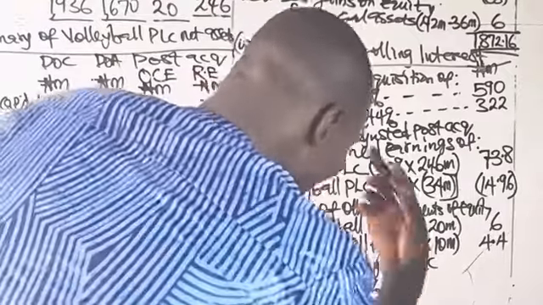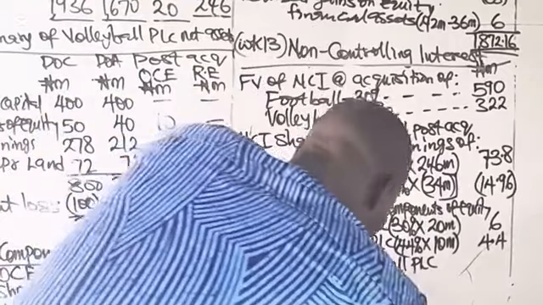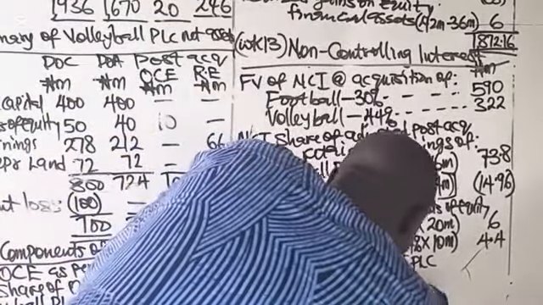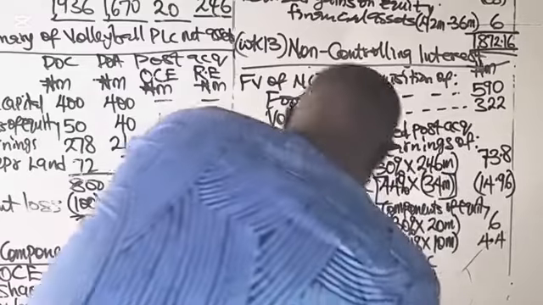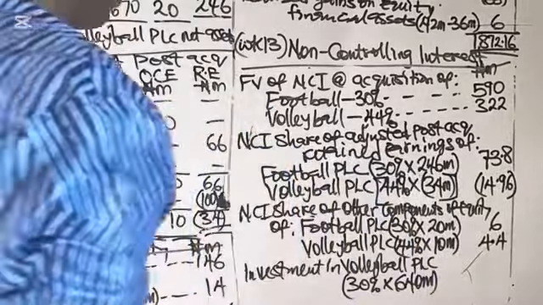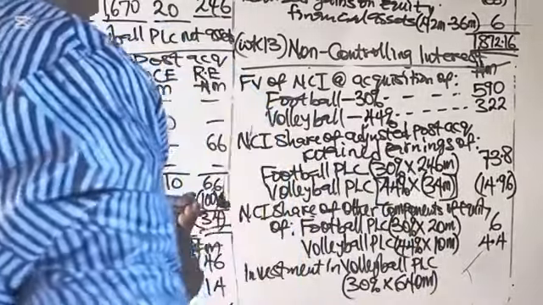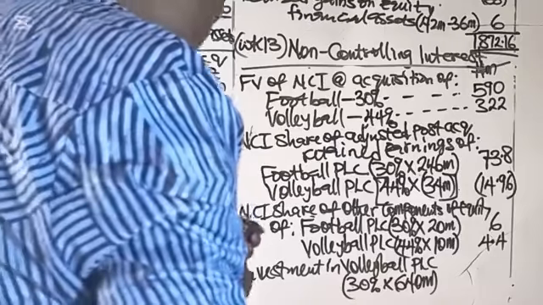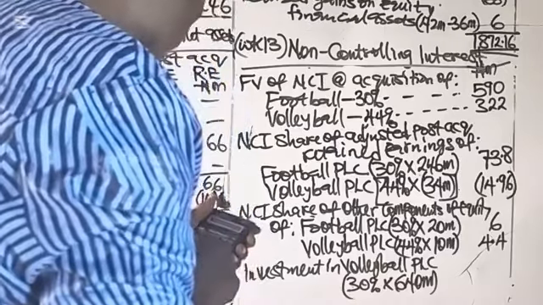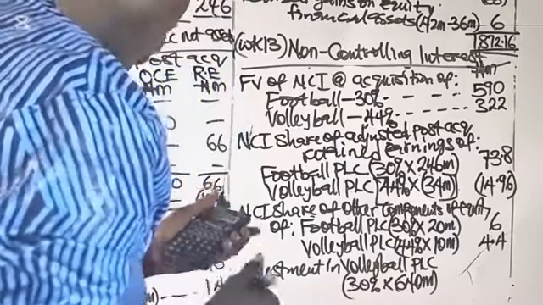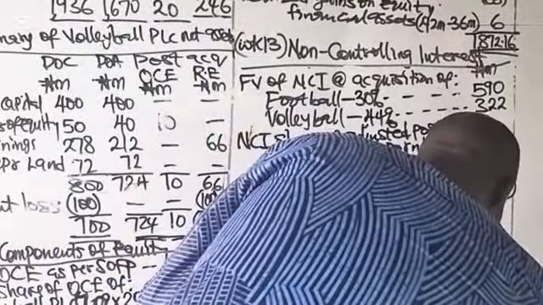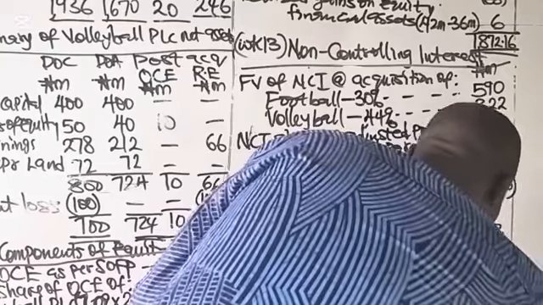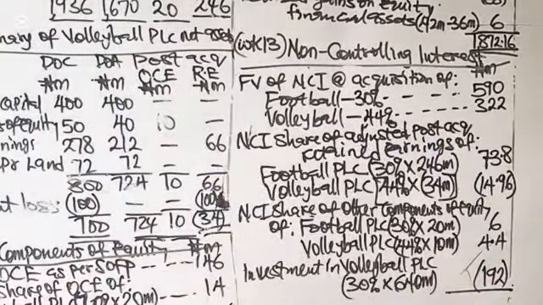Parent owns 70%, NCI owns 30%. 30% of the 640 million gives us 192 million. So we subtract that 192 million from our non-controlling interest.